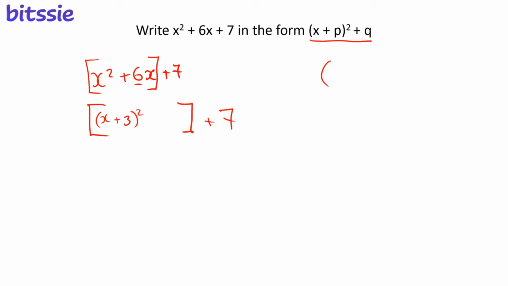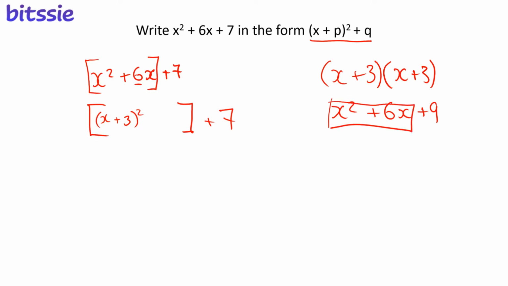And then, if we expand that out, x plus 3 times x plus 3, we get x squared plus 6x plus 9. Now this part is already in our square brackets. This part isn't, meaning we need to take 9 away to balance it out.